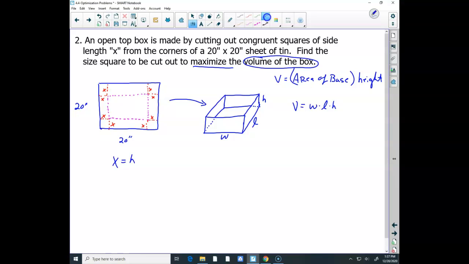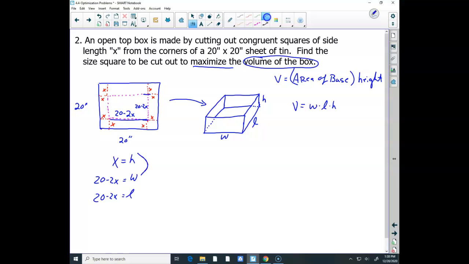And my width is going to be across this front leg. Well, that's going to be 20 minus 2x. So 20 minus 2x, that's my width. And my length here, because it was a square, is going to be 20 minus 2x as well. So 20 minus 2x, that's my length.